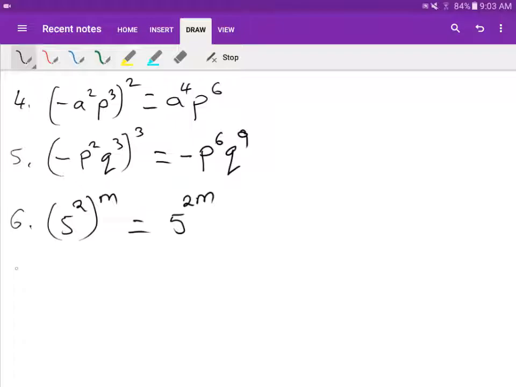How about this one here? Let's say 2 to the power of m, all to the power of 5. Same thing happens. Just use 5 times m, so 5 times m is 5m. See, simple. So this is how you do it.